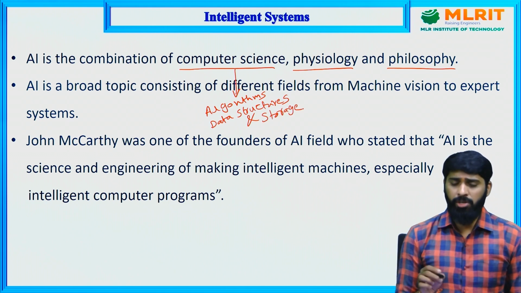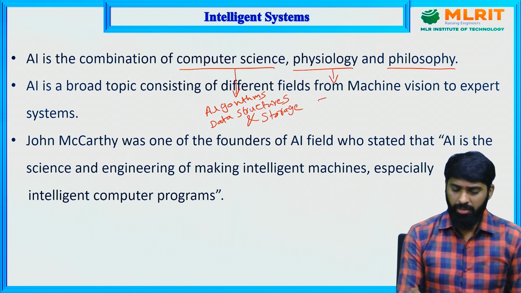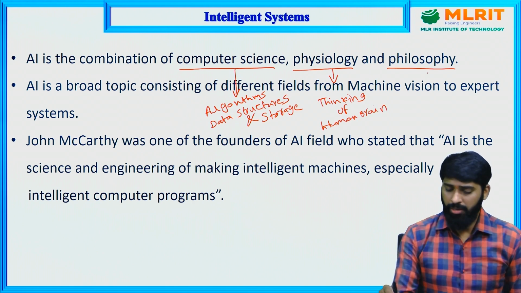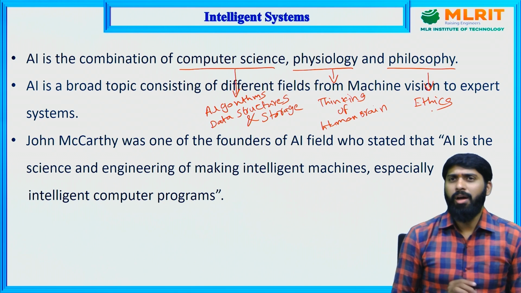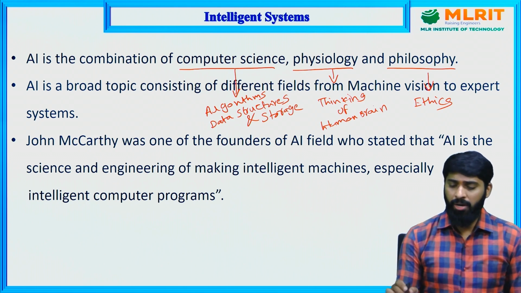Coming to physiology, it deals with thinking of the human brain. Philosophy deals with ethics. So now we say that artificial intelligence is a combination of these three fields: computer science, physiology and philosophy.